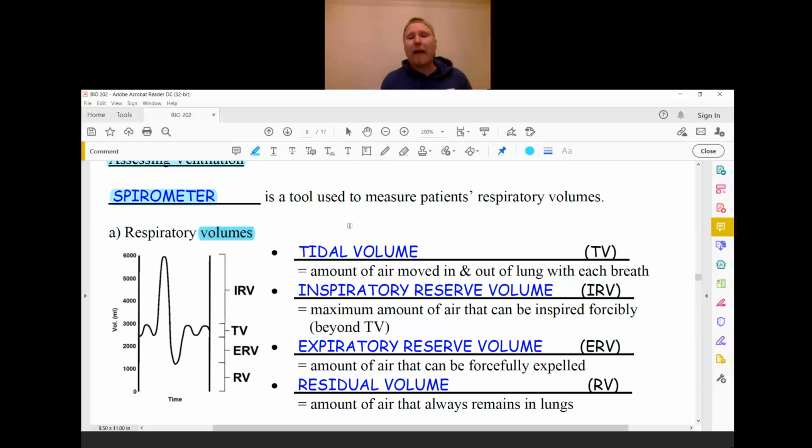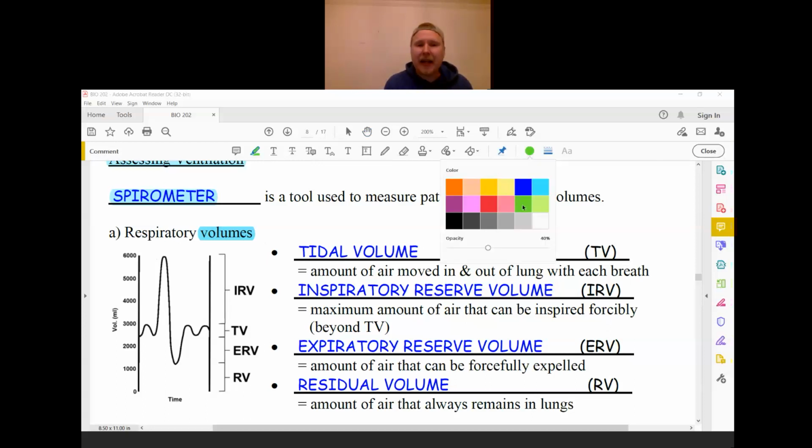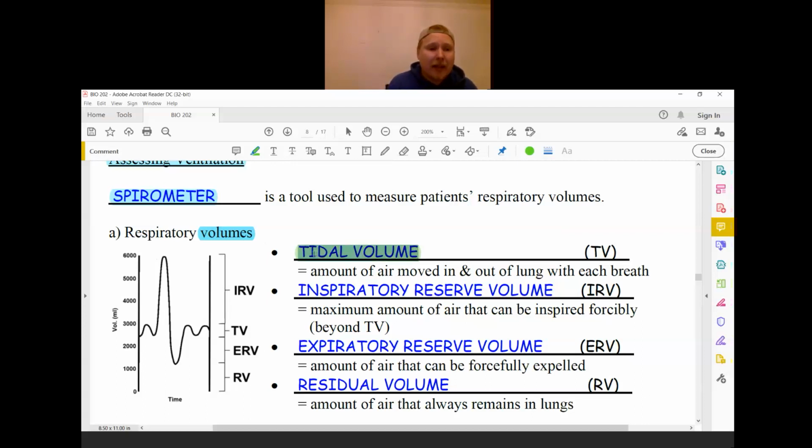Let's have a look at the various kinds of volumes that we can measure here. We're going to start with the tidal volume, which is often abbreviated simply as TV. Tidal volume tells us about the amount of air that gets moved during normal breathing in and out with each normal breath.